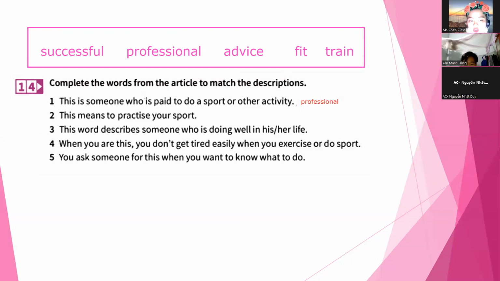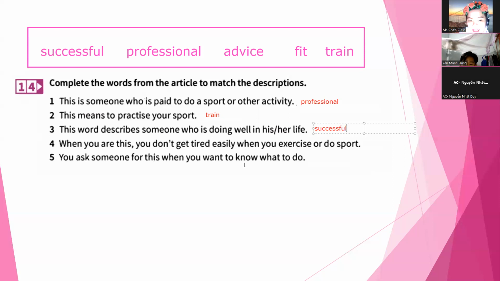Number 2, this means to practice your sport. Train. Practice or to train, right? Trainings. How about number 3? This word describes someone who is doing well in his or her life. Successful. Successful. All right, Roy. Number 4.